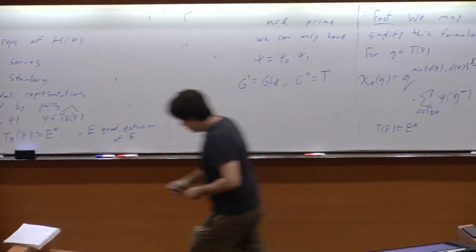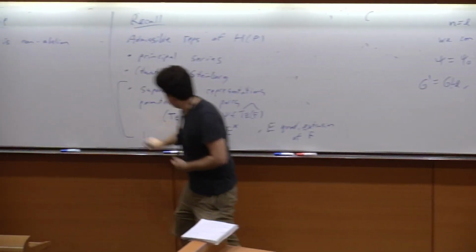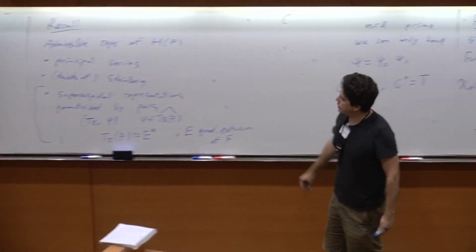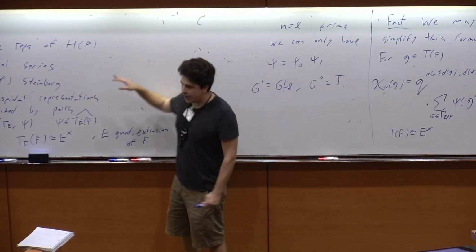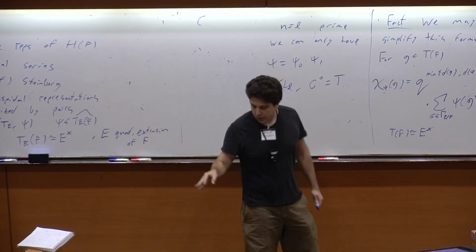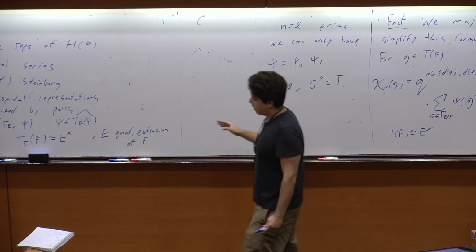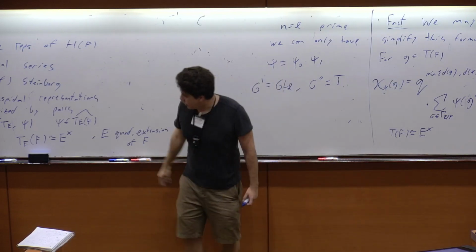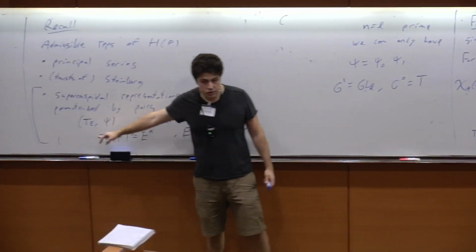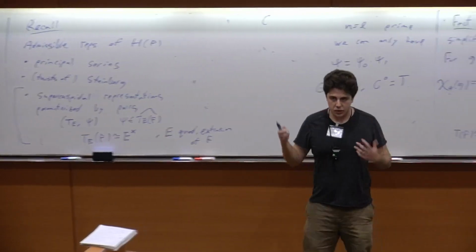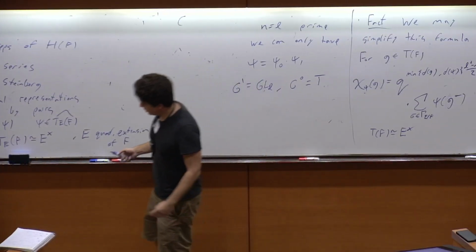So I'm going to talk about how we deal with these terms here. So of course, if F is a p-adic field, characteristic 0, and the residual characteristic is not equal to 2, in fact, we only have 3 quadratic extensions here, just the unramified and the 2 non-isomorphic ramified extensions.